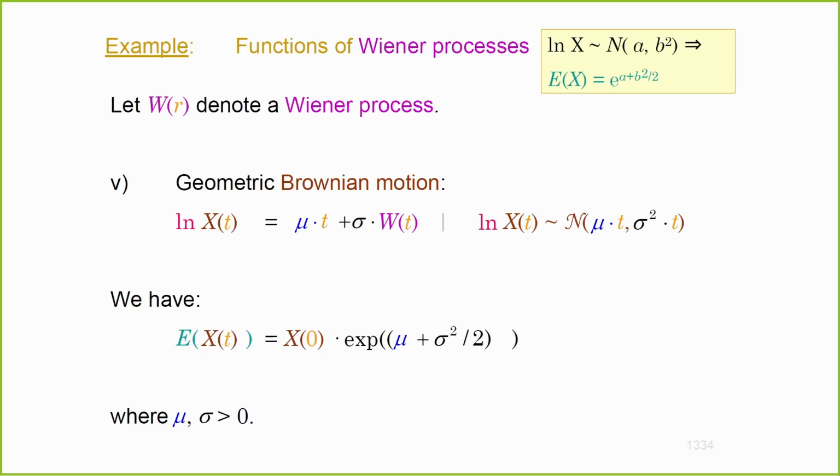The variance by 2 is sigma squared times t by 2, and if I multiply both expressions by t, then it should be fine. So it's actually mu times t plus sigma squared by 2 times t, and that's going to be the exponent. So this is going to be the expectation. Later I'm going to prove this using Ito's lemma, which is easier than applying just the transformation theorem, but it can also be done, so it's not a big deal.